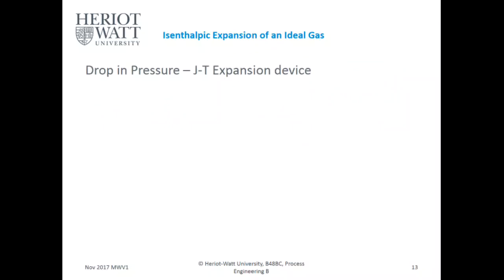So if you proceed from there, the drop in pressure due to Joule-Thomson expansion of a device is the change in pressure equals P2 minus P1. You saw that earlier. So the final pressure is lower than the initial pressure.